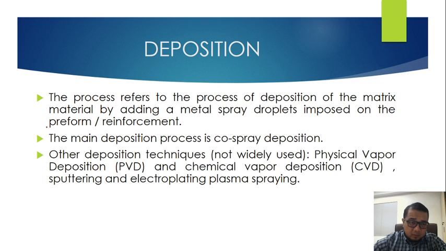If you see the preform, it means reinforcement. The main deposition process is cold spray deposition. Other deposition techniques not widely used are physical vapor deposition (PVD), chemical vapor deposition (CVD), sputtering, electroplating, and plasma spraying.